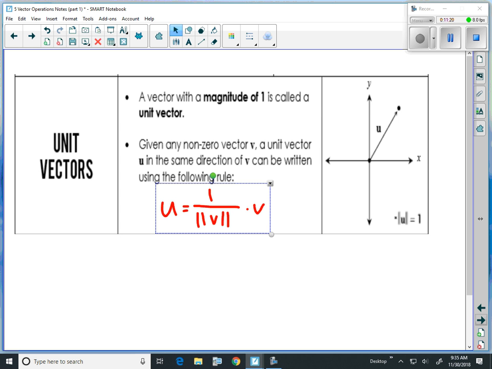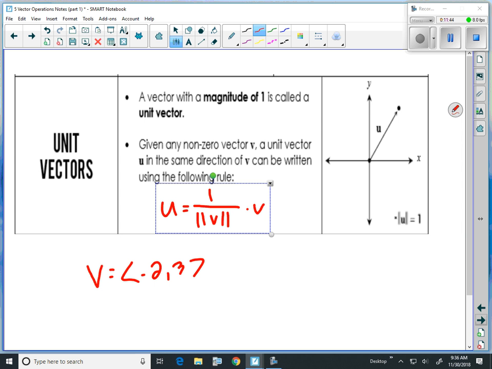Okay, so with unit vectors, if we have a vector, say we have vector v, we can find another vector called u that's in the same direction as v using this formula. Okay, so say we're given v.